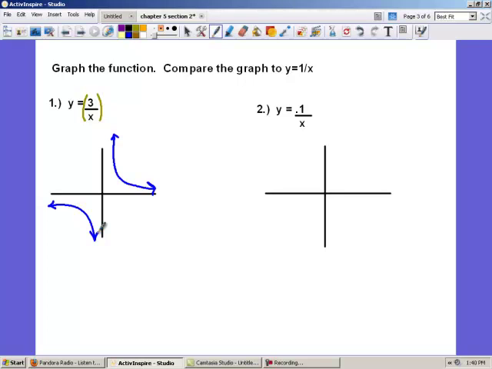When it says to compare the graph to the one we just drew, this one looks pretty close, so we're going to say both are similar, because they do look similar. And then the domain and ranges are the same. They have the same asymptotes going on here, and so the domain and range would also be the same.